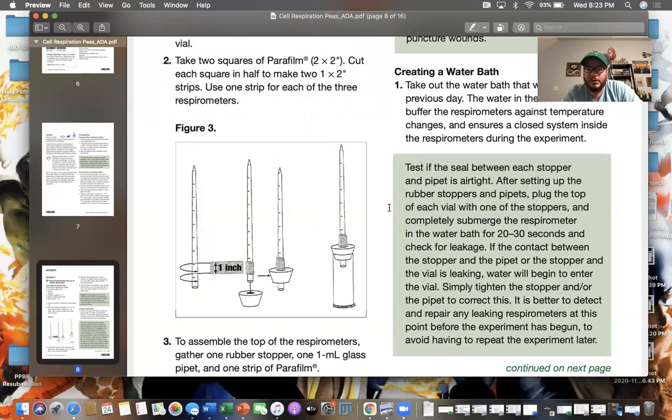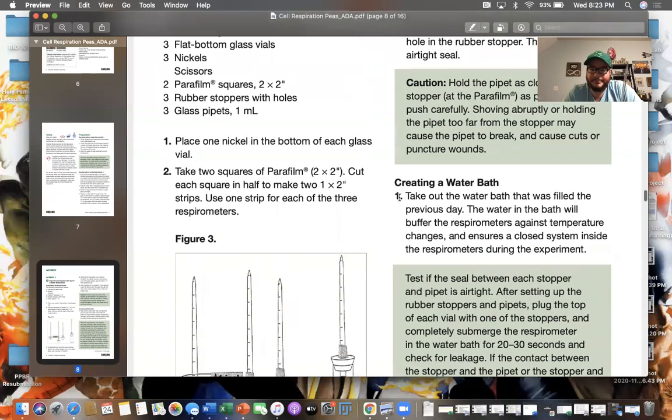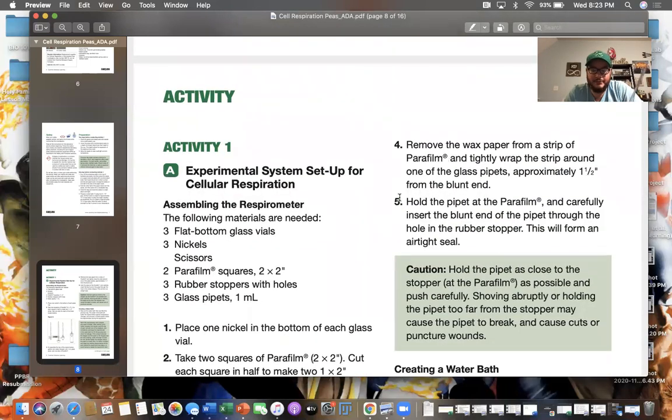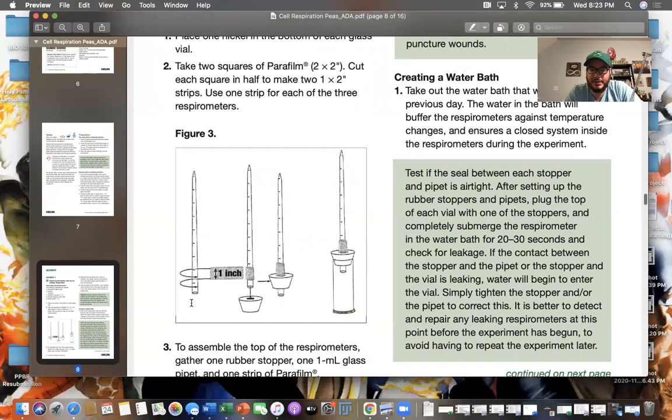Take 1. And we're going to wrap it, let's say, 1.5 inches from the bottom. On the picture, they give you a way to judge that. So about 1.5 inches. I'm just going to go right at the yellow line at the bottom. Now the thing with parafilm when you wrap it is that it's really stretchy, but it won't stick well unless you're really stretching it out.